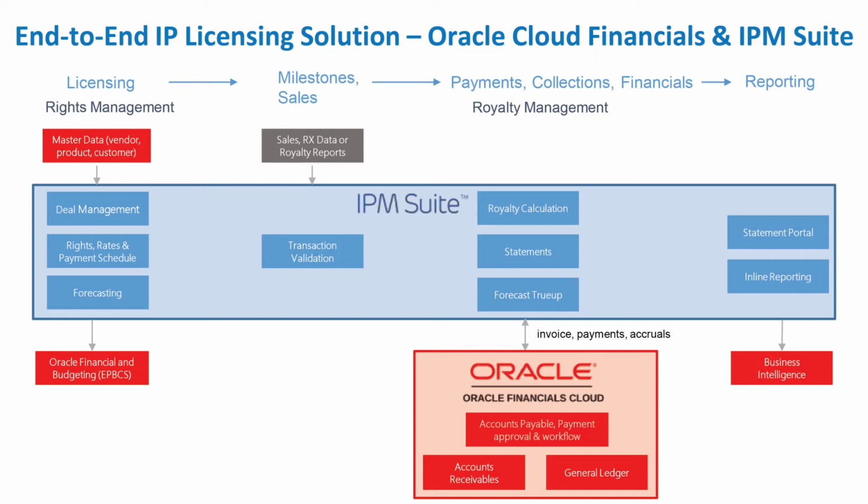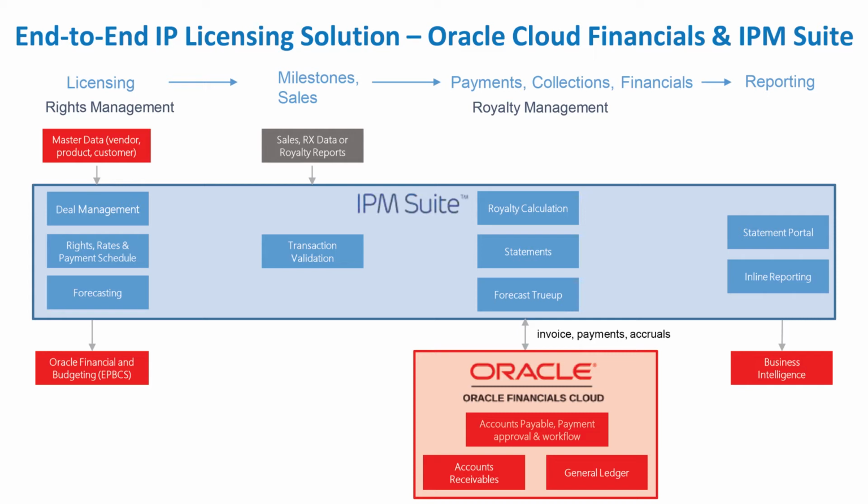From an integration perspective, starting over on the top left where we have licensing rights management, we take in master data. We typically integrate that into the system, really to respect data integrity, as well as maintaining a single source of truth for easy management of that rights information and that data information.